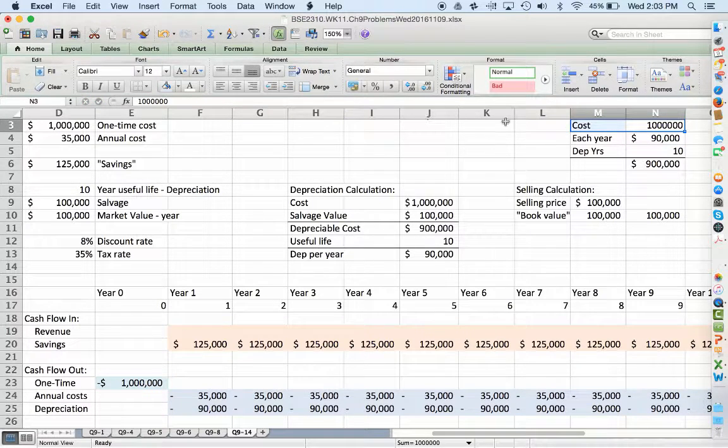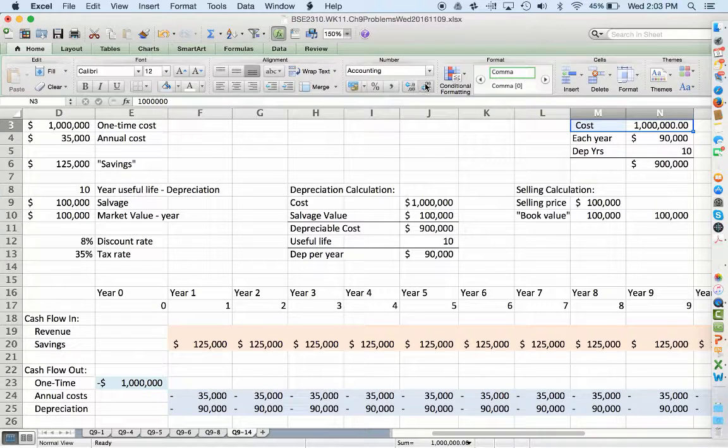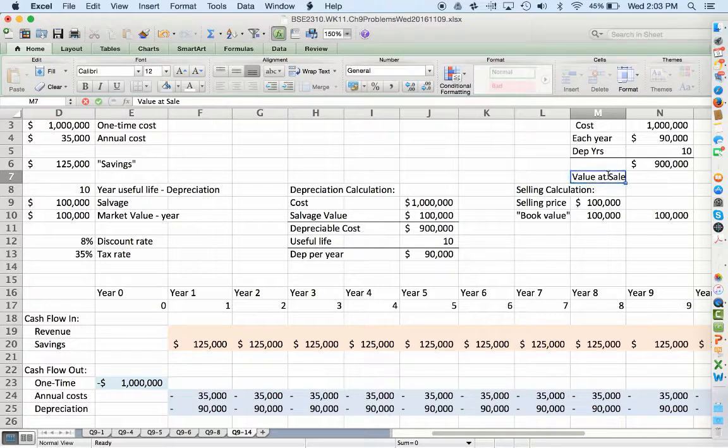So if I take the $1 million versus the 900,000, its value at the sale, or its book value, is 100.